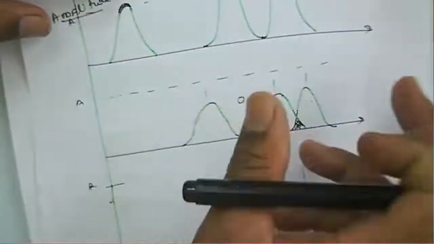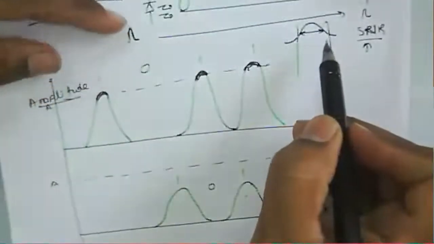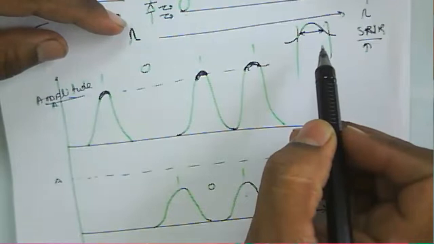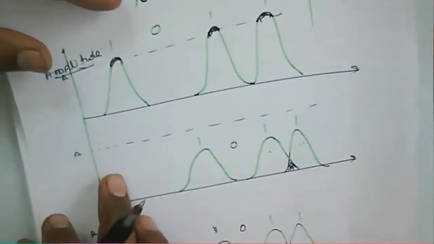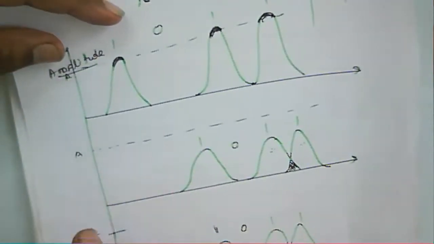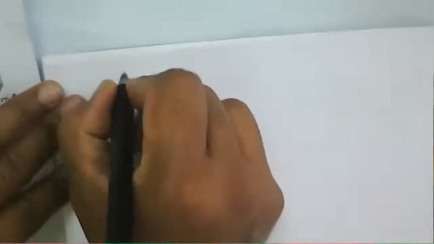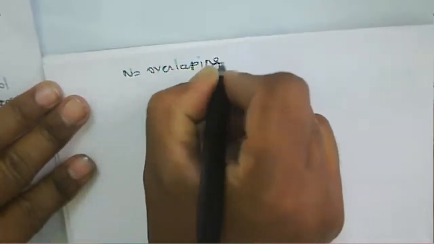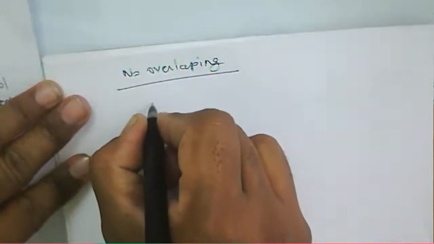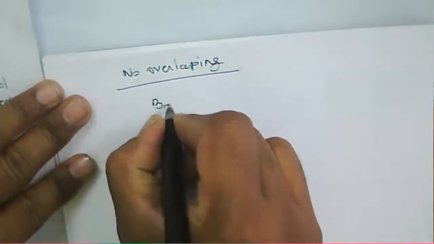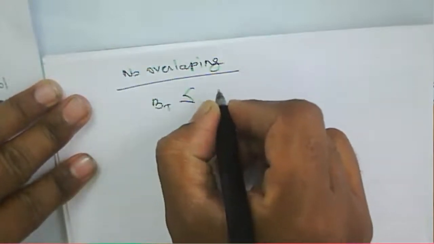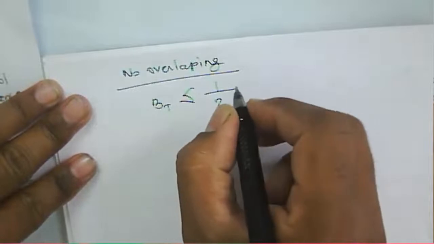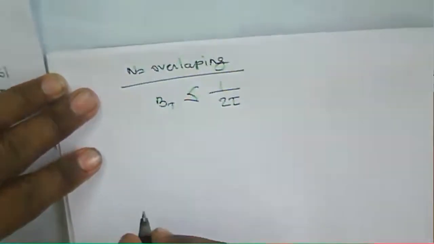If there is no overlapping of pulses in an optical fiber link, then generally we consider that the bit rate depends only on the pulse duration. That is about the bit rate.